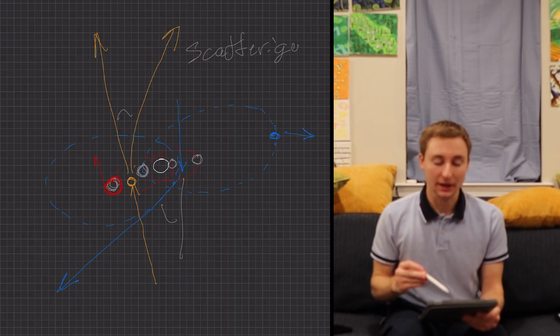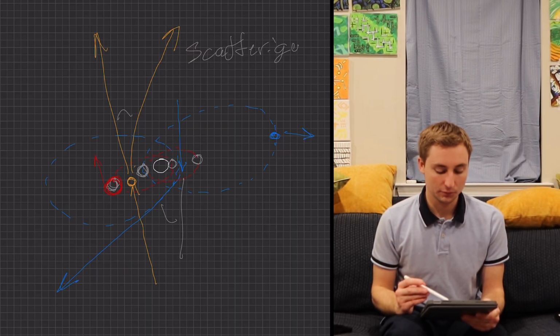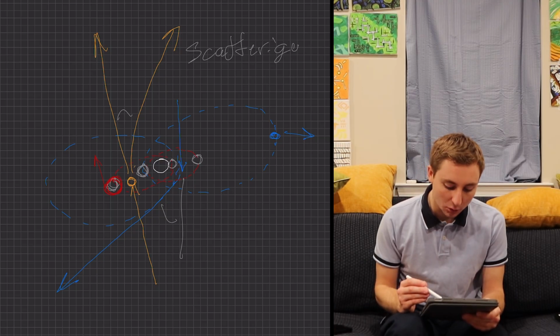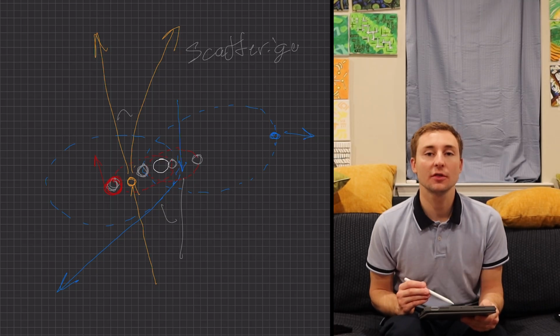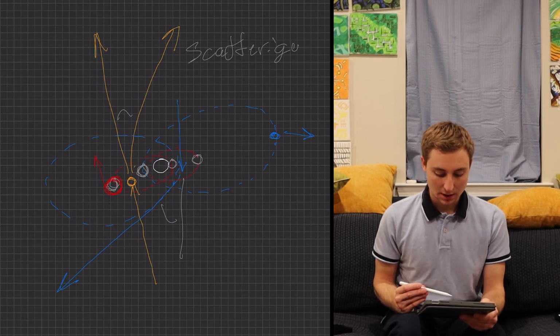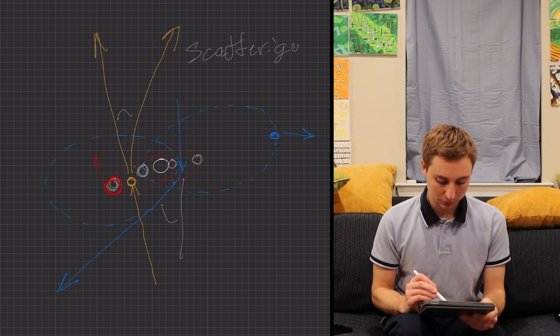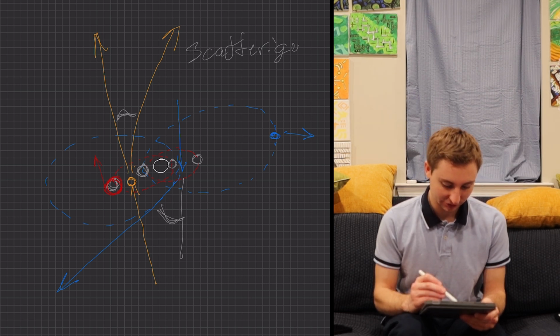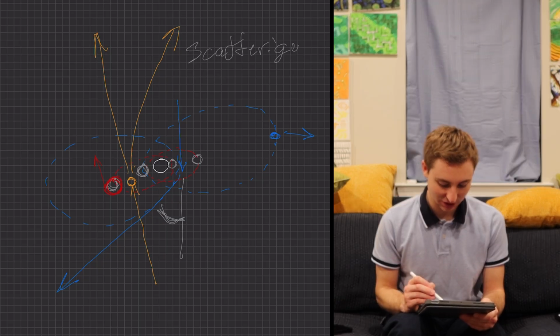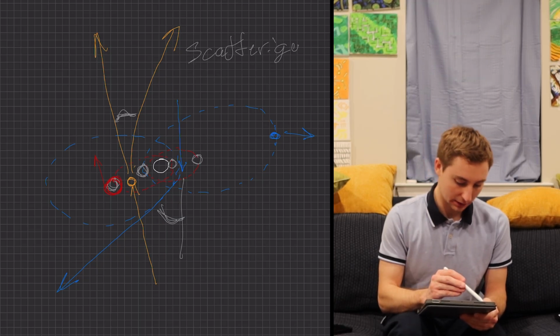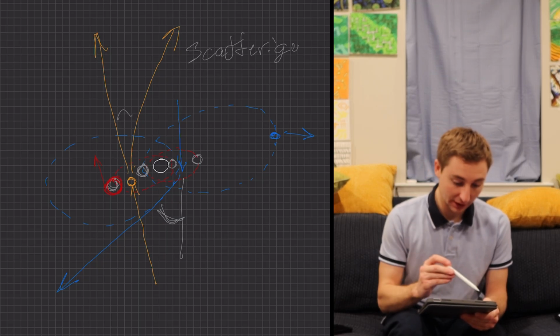But I do think that it should be bent more than that of a different photon. And so I know that this is obviously not drawn to scale, so it doesn't look like there's much of a difference there, but I think that there is.